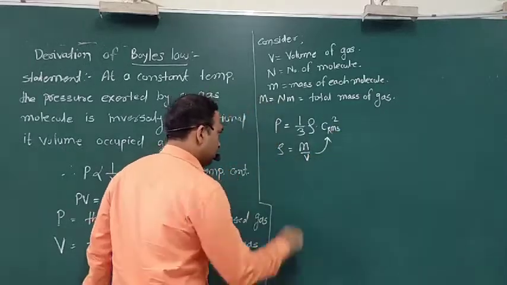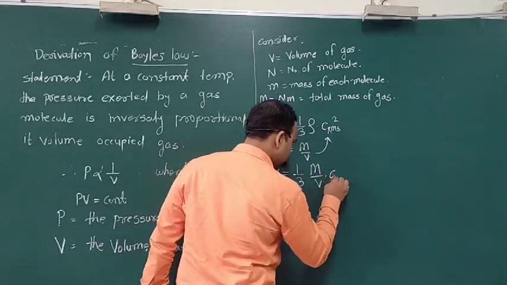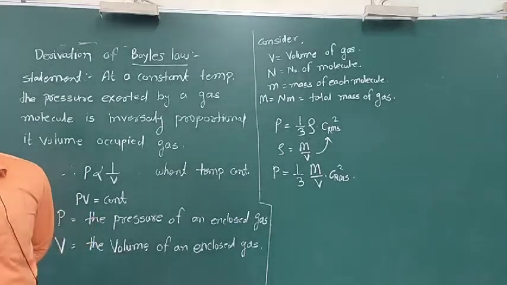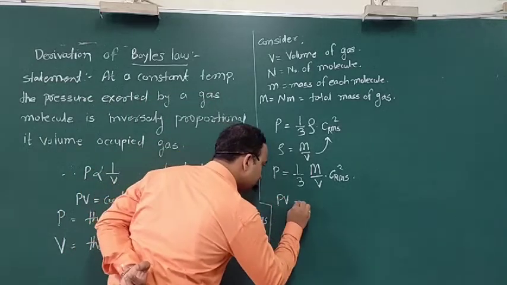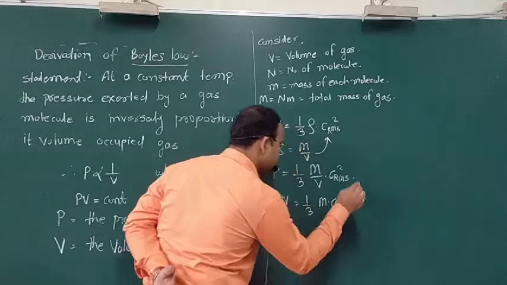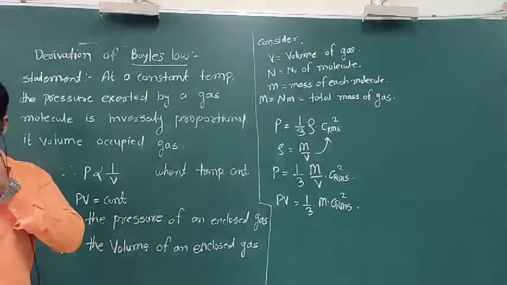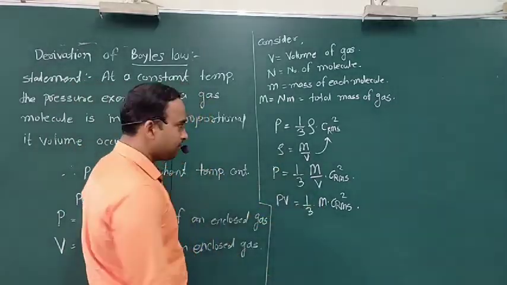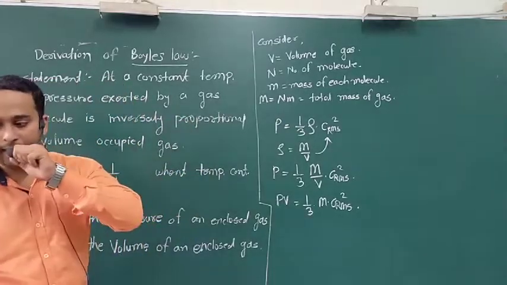Substituting in this equation, we get pressure is equal to 1/3 into mass upon volume, and M is replaced by N into m.